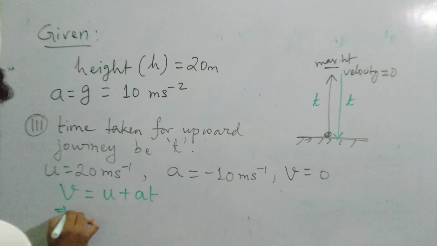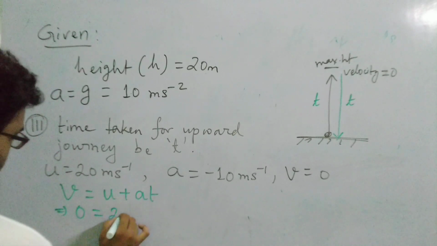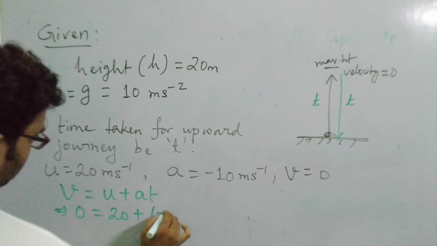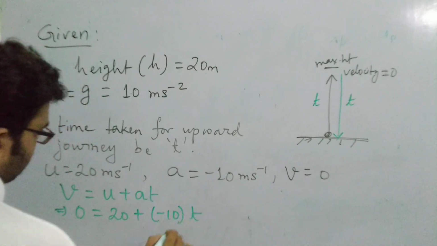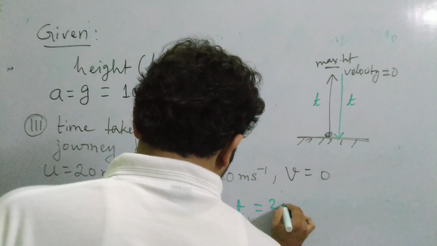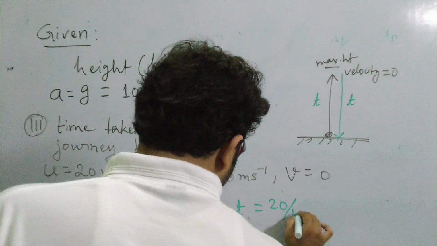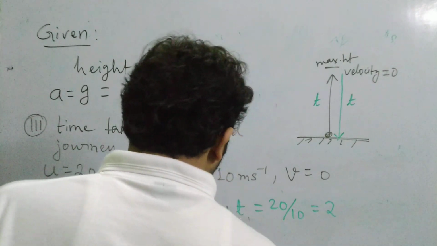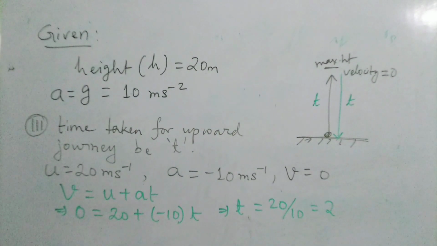So you can write it as 0 is equal to 20 plus minus 10 into time t. So from this you can say that time t will be equal to 20 by 10, that is equal to 2. So the time taken to go up is 2 seconds. So the time taken to come down will also be 2 seconds.